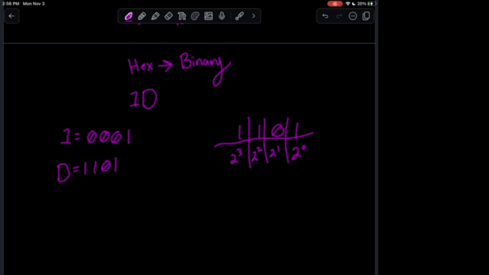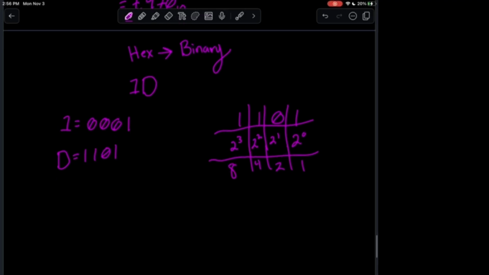So that would be 1, 2, 4, 8. I'm multiplying 1 times 1, so that is 1. 0 times 2 is just 0. 1 times 4 is 4. 1 times 8 is 8.